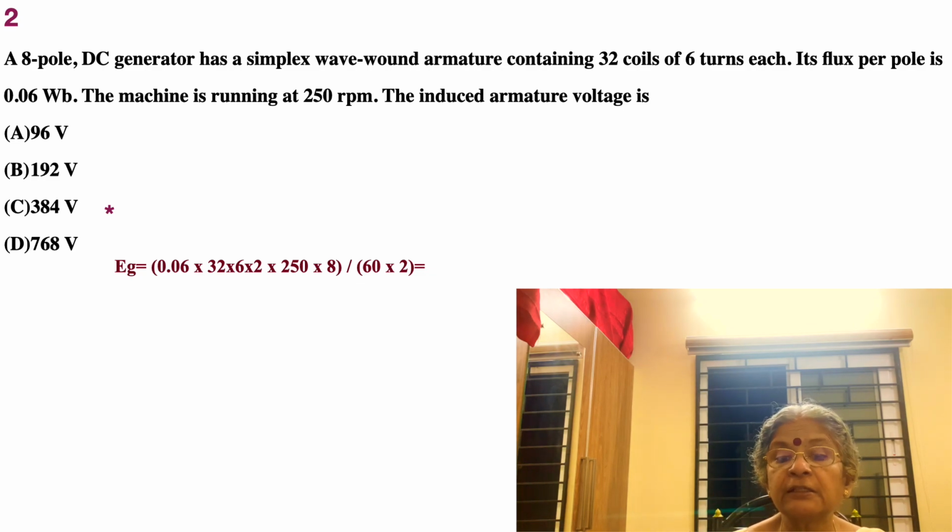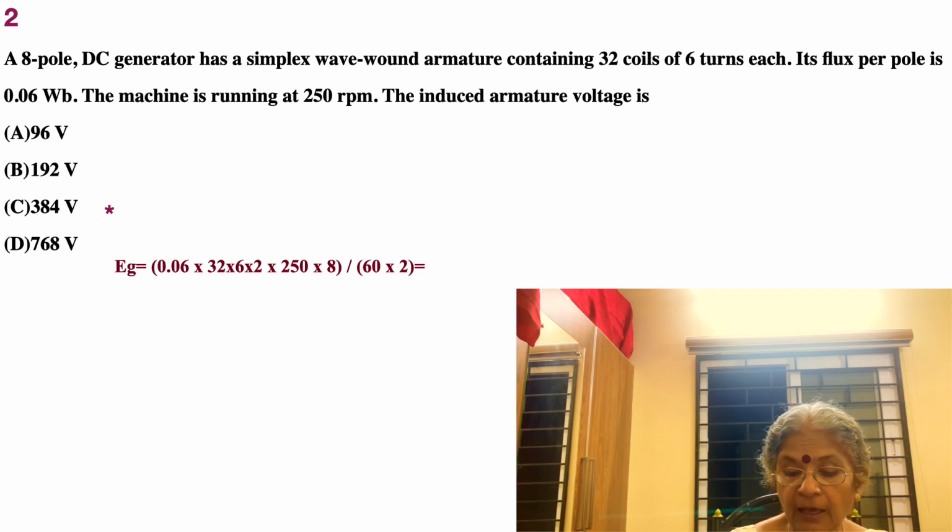Its flux per pole is 0.06 Weber, so it has to be expressed in Webers. The machine is running at 250 RPM, so N is equal to 250. So phi is 0.06, Z is 32 into 6 into 2, N is 250. Phi Z N by 60, P is the number of poles, 8, and for wave winding, the denominator is 2.